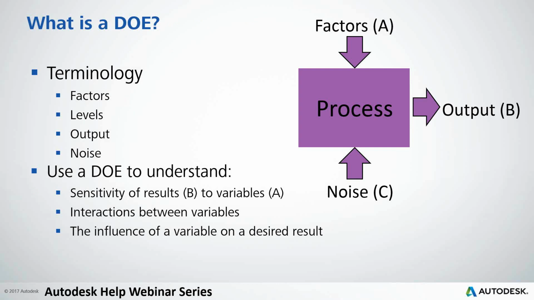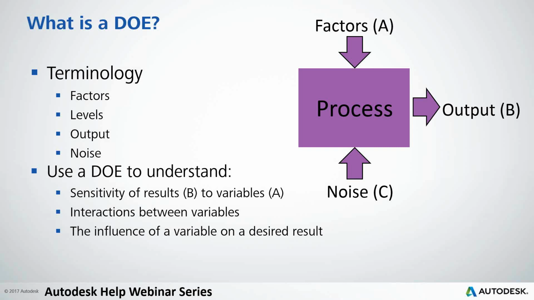Again, a DOE is a structured, organized statistical method for determining the relationship between factors affecting a process and the output of that process. In this scenario, factors are inputs to the process. Factors can be classified as either controllable or uncontrollable variables. Examples of molding factors include temperature, pressures, and fill time.